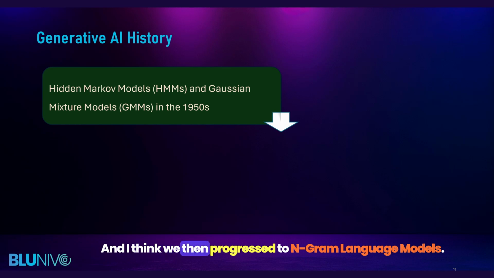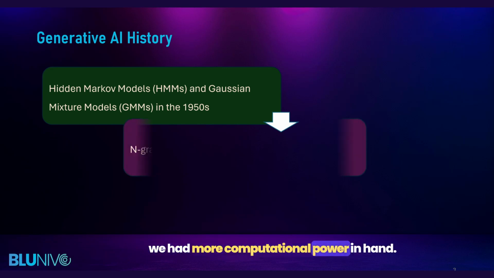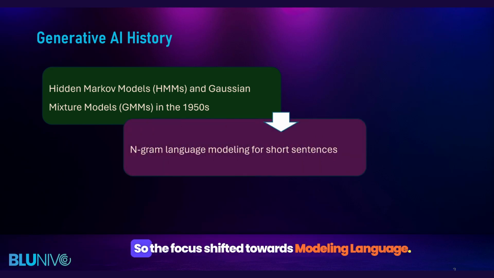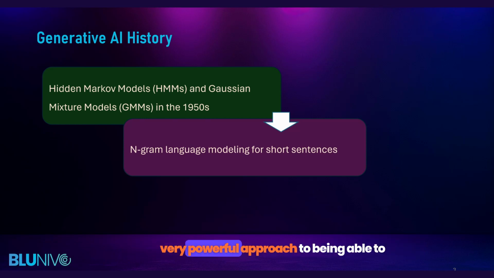And after that, we progressed to n-gram language models. There was a time that we had more computational power in hand, so the focus shifted towards modeling language. N-gram language models were a relatively simple approach to predicting the next word in a sequence based on, obviously, the previous words.